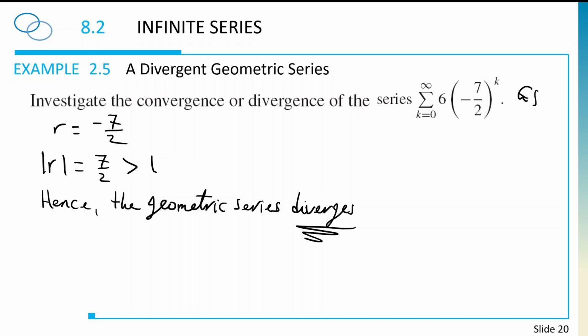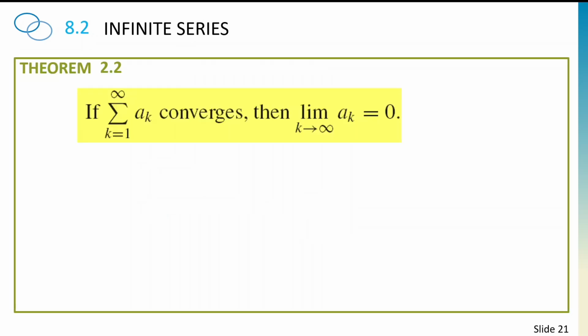Now we need to prepare for our first test. Now see this interesting theorem. This is a really useful one. It says that if the sigma of a_k from k equals 1 to infinity... By the way, this is something useful you need always to keep in your head. The index doesn't change whether it's convergent or divergent, it only changes the summation.